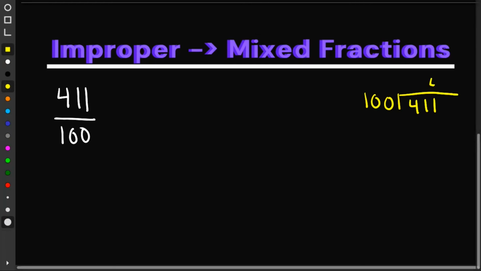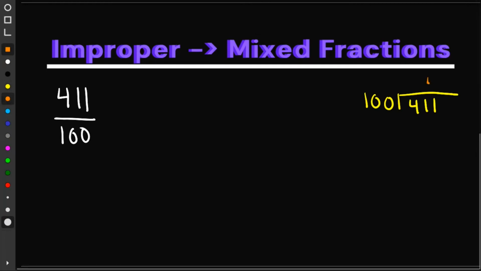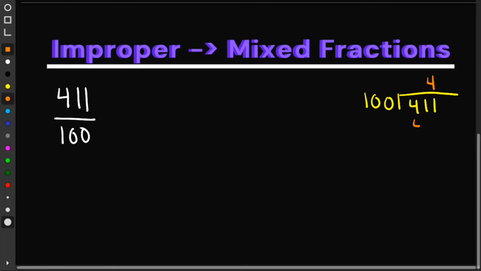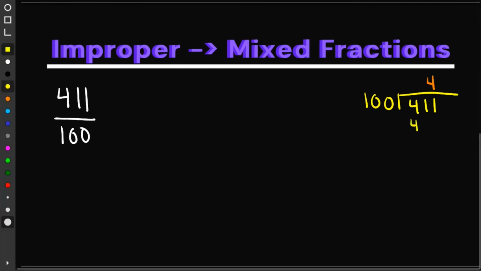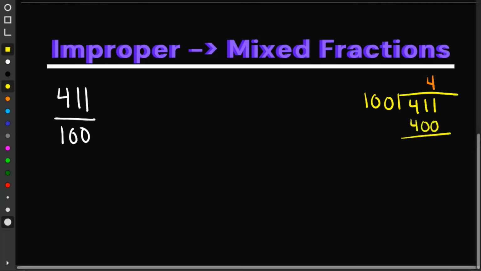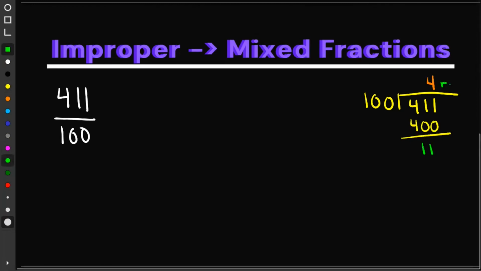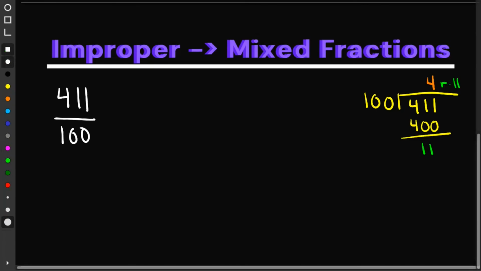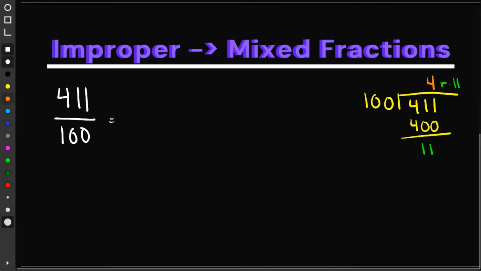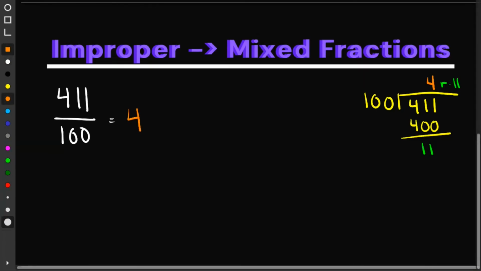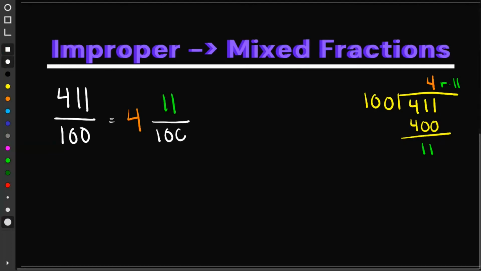That would give us 4, so this one is 400 over the remainder, which is 11. So we can write this out as 4, and the numerator is 11 all over 100.